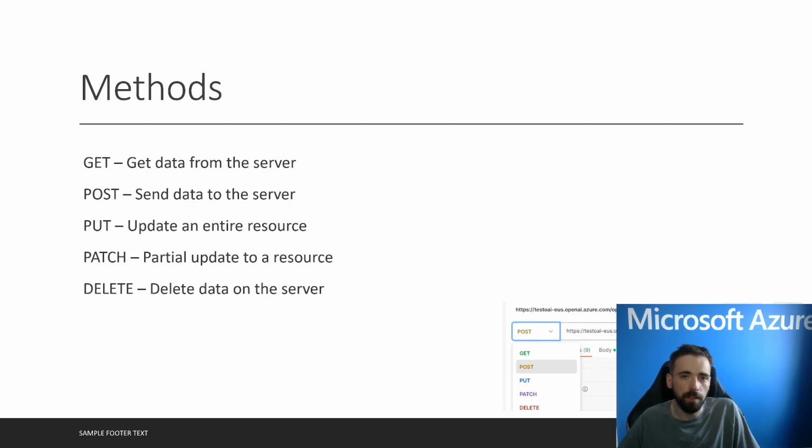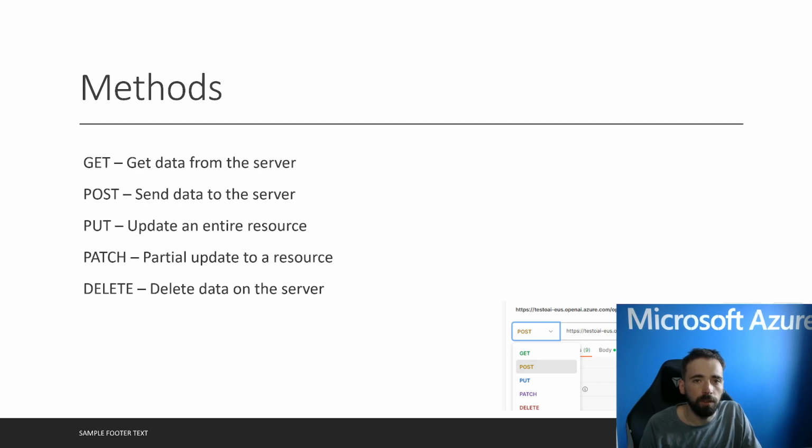When we're fetching data from the website or web API, we're using the get method. Post is when we send data, so in the context of a browser, this would be submitting a form typically. The same with an API, we use a post method to send data to the server.